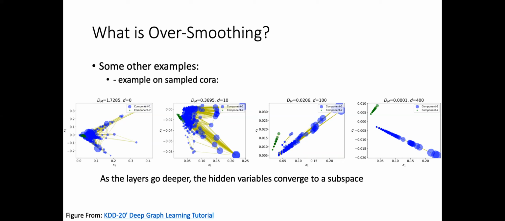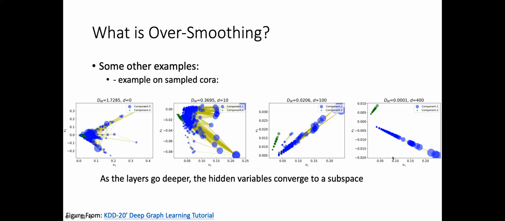This figure shows the distribution of the node embeddings: this is the distribution for the raw features, this is after applying a 10-layer GCN, this is after applying a 100-layer GCN, and this is after applying a 400-layer GCN. We can see that as we increase the number of layers, the nodes become less distinguishable.